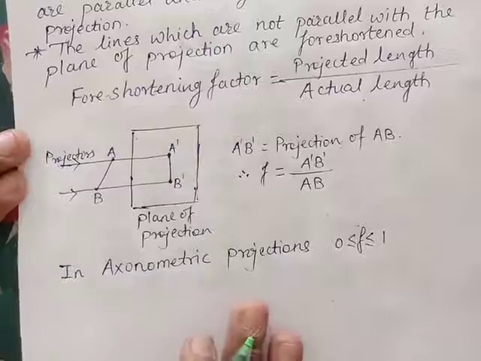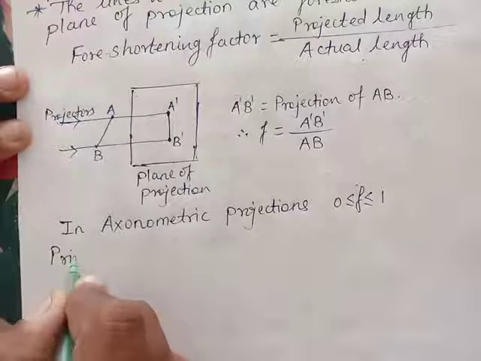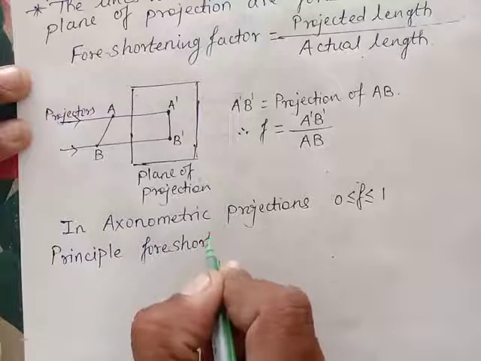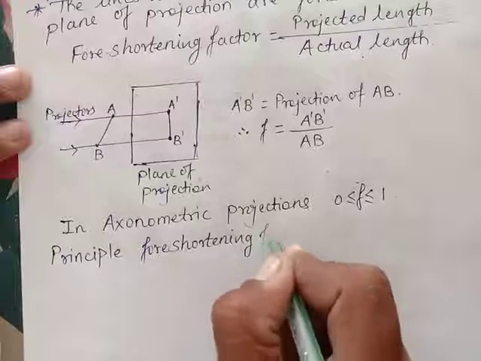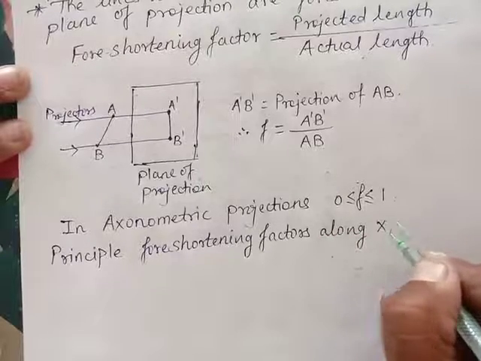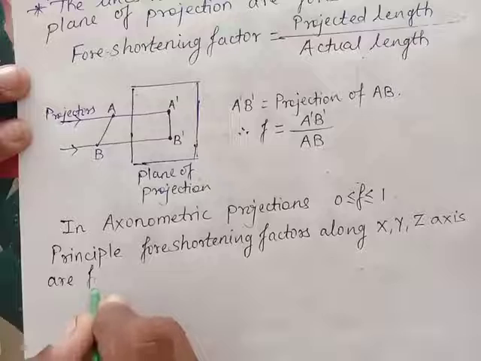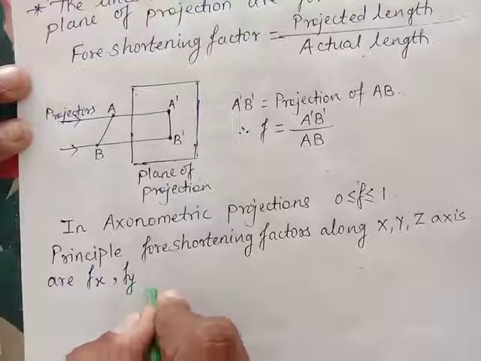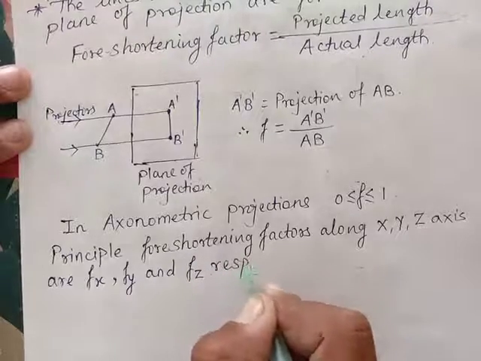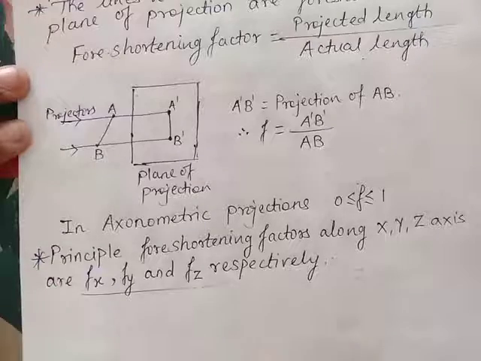Now, let's write the principal foreshortening factors along the XYZ axes: Fx, Fy and Fz respectively.